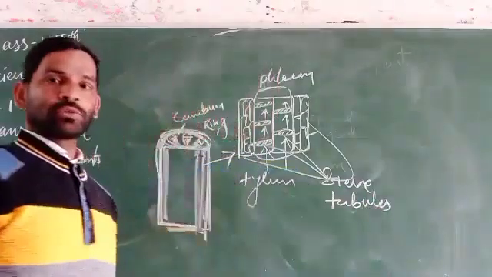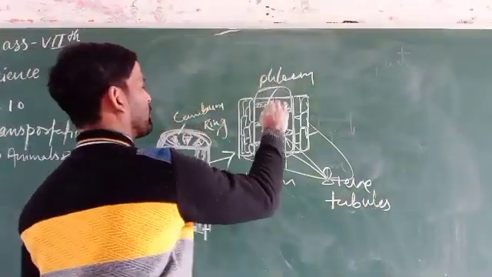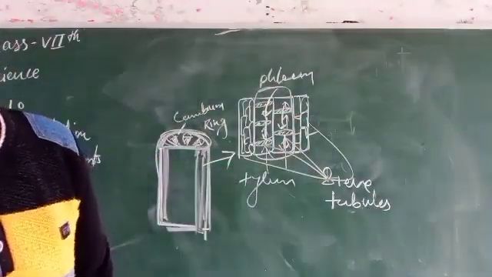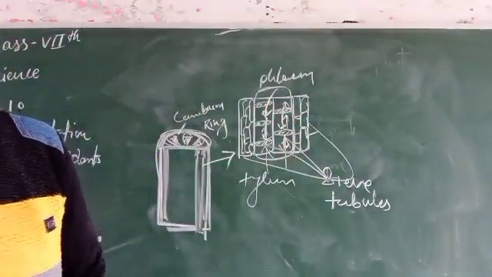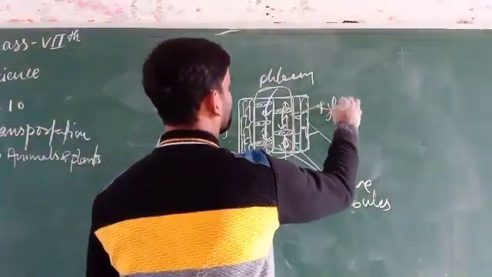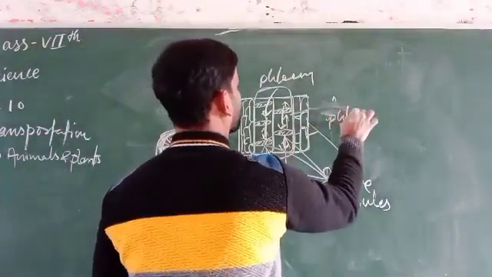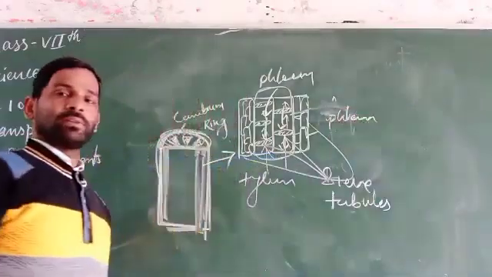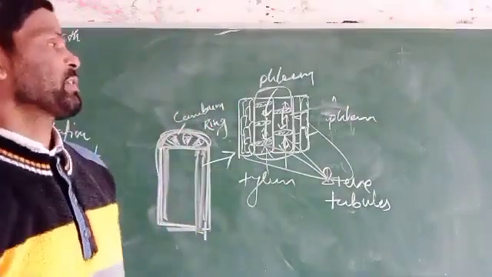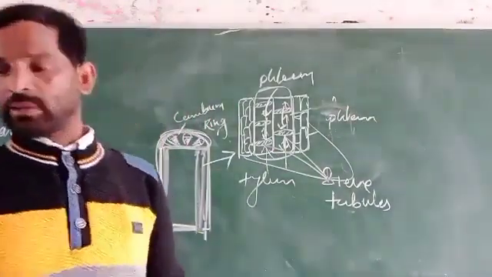Through these, the food material is supplied to the different parts of the body. And there is xylem fiber and phloem fiber. These are the different criteria by which transportation takes place in a plant.